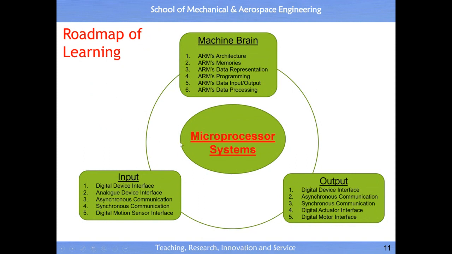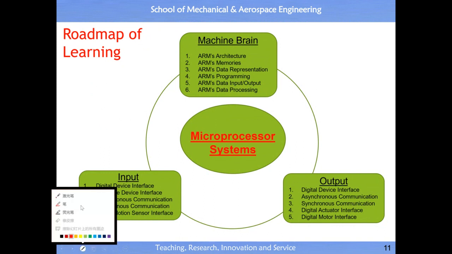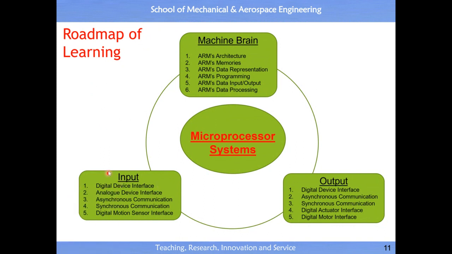One is to interface the microprocessor system with input devices, for example, sensor, keypad or keyboard, or speech or vision, etc. And the second requirement is how to interface with the actuator, such as a motor or switch, etc.